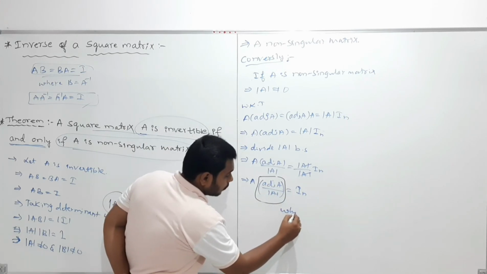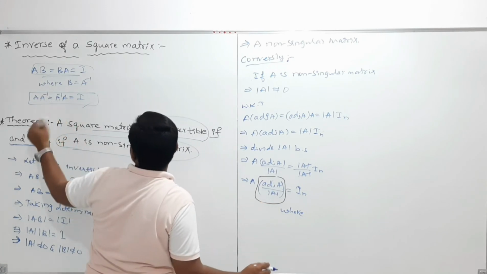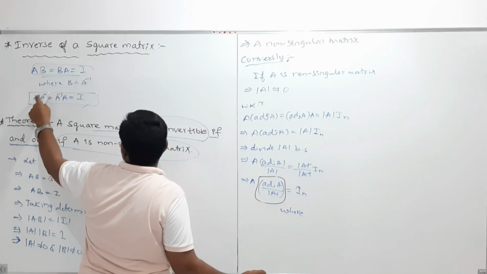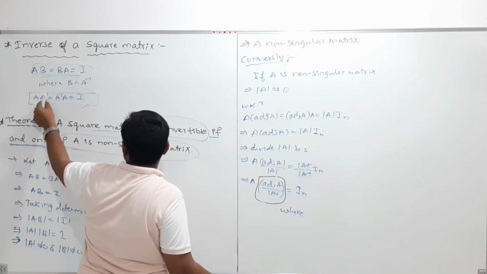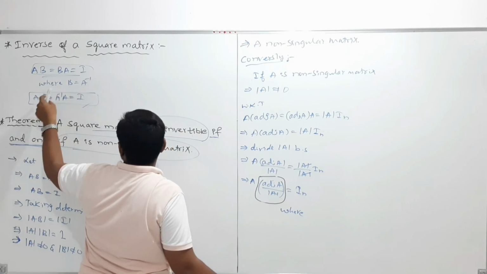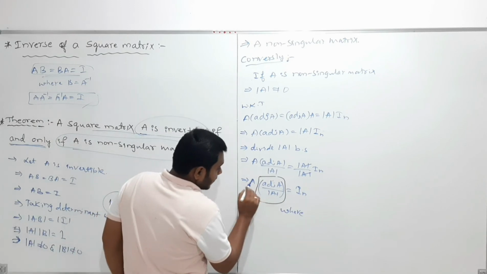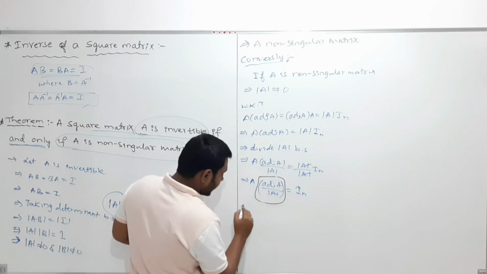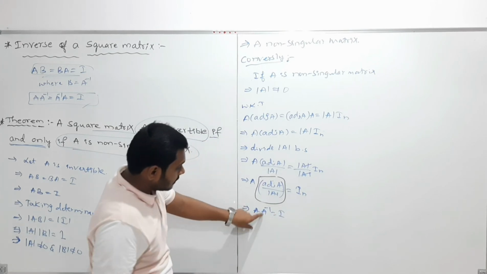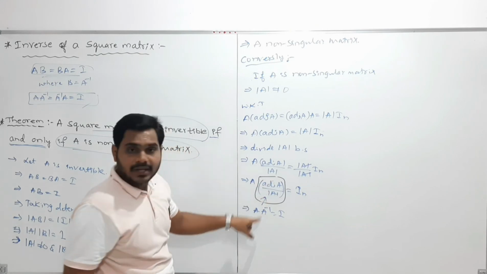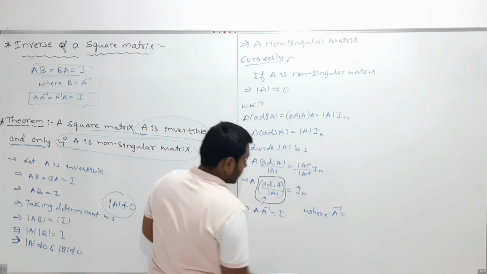So therefore I can call it A inverse, because we know that if I multiply the matrix A with another matrix and get the identity, then that matrix is the inverse. So this is of the form A into A inverse is equal to I. So in this place you have the value of A inverse. Clear? Therefore you can call A inverse equal to this.